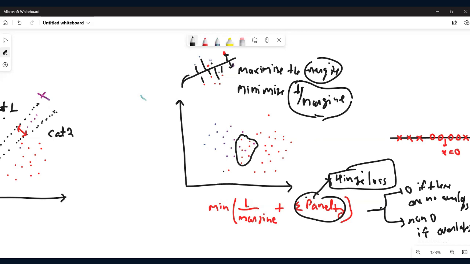We're going to minimize 1 by margin and we'll get the best fit line. अगर ओवरलैप है किसी लाइन से, so then there will be a penalty and we need to minimize this whole thing, minimum of 1 by margin and summation of penalty, to get the best fit line.